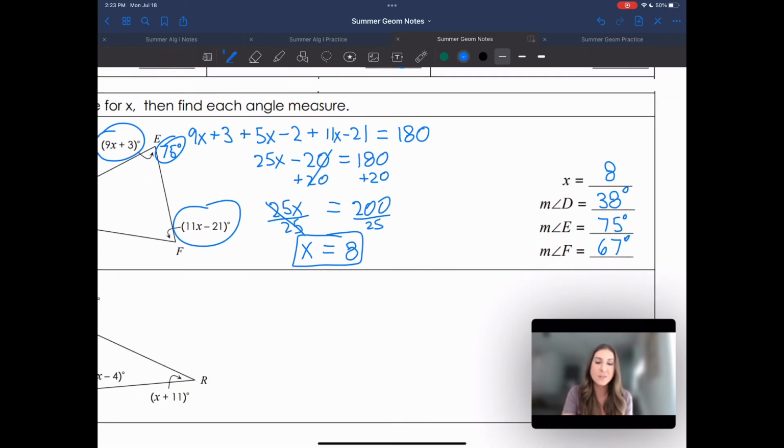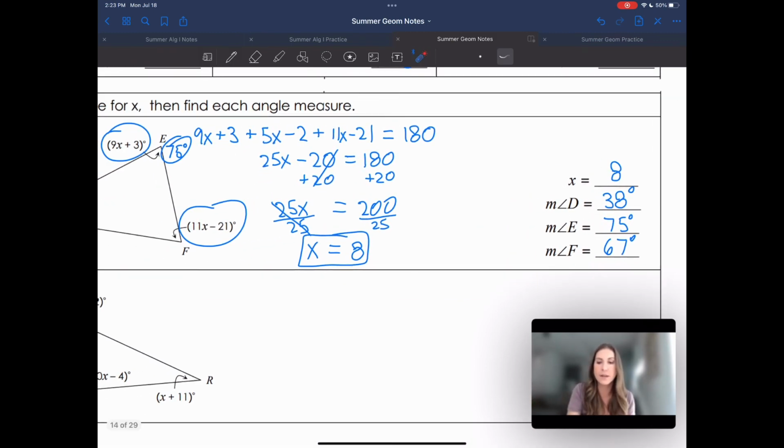Okay, I think that's a little bit easier, but if you didn't recognize that for the measure of angle F, you can do the same thing. Plug in the 8 for x right here. So you're doing 11 times 8, which is 88, minus 21, which you'd still get 67 degrees. So you still get the same answer regardless.